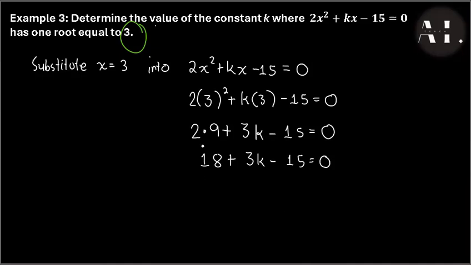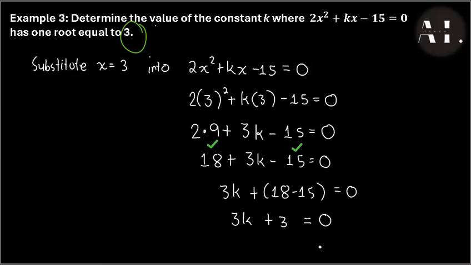Then combine like terms. Now this will be simplified as 3k plus 3 is equal to 0.